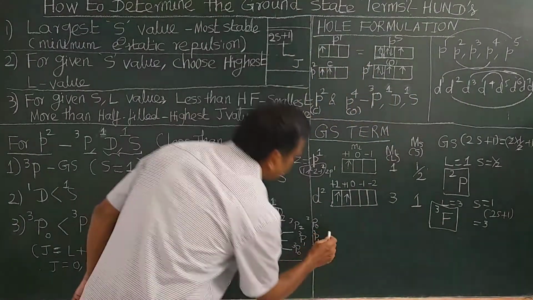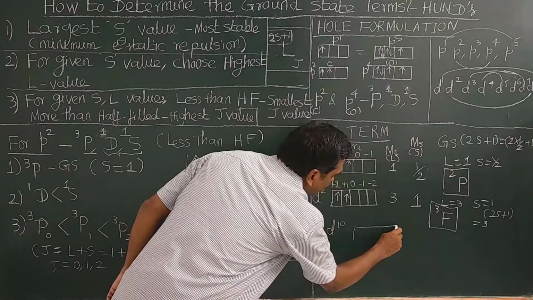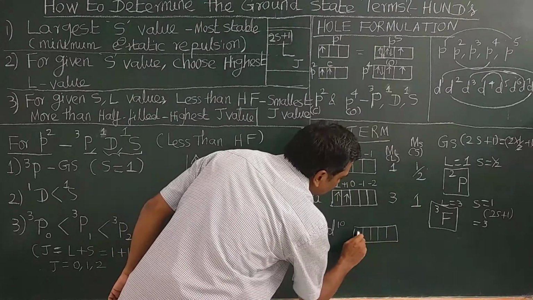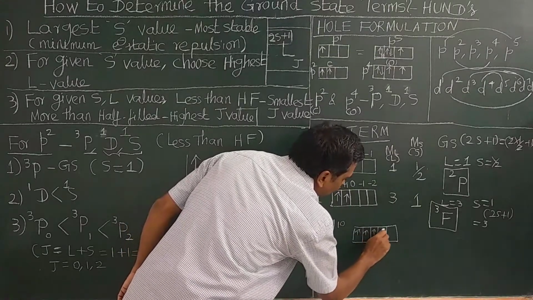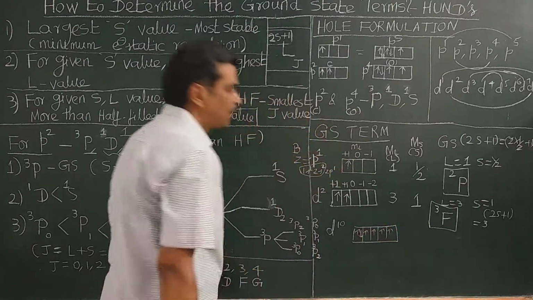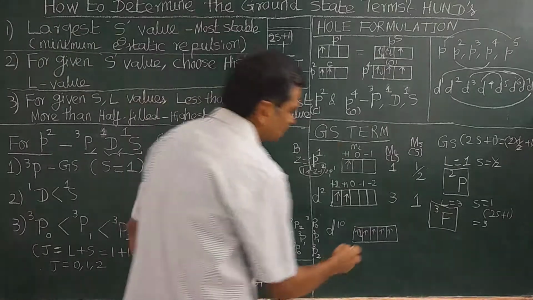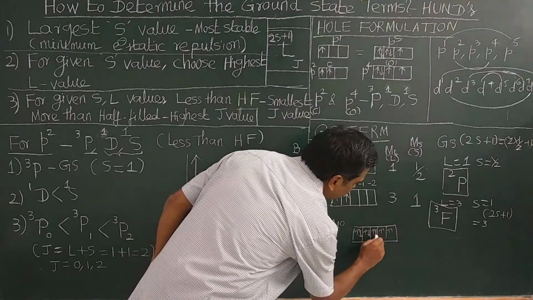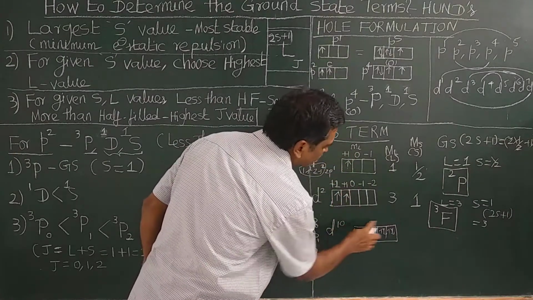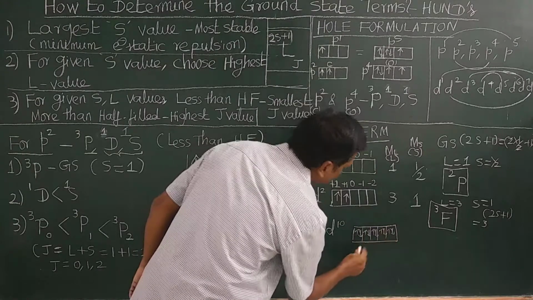For example, D10. Similarly, if you are asked for D10, what is the ground state term symbol? Let us apply Hund's rule. You pair up after all the available orbitals are singly occupied. So here ml plus 2, plus 1, 0, minus 1, minus 2, the sum is 0.